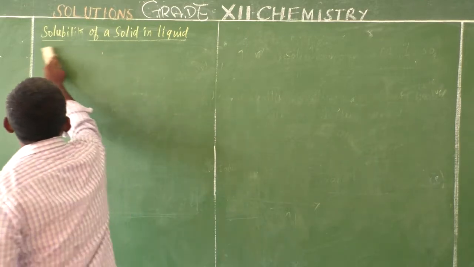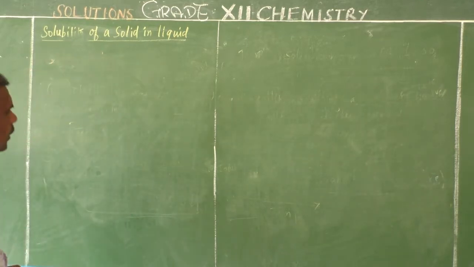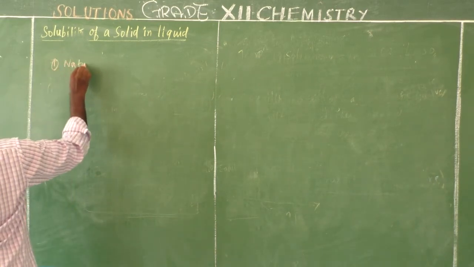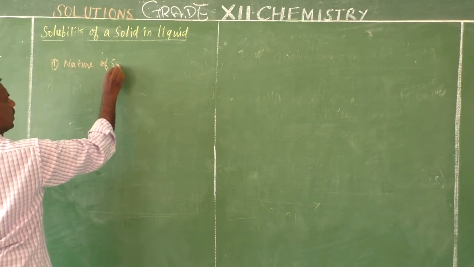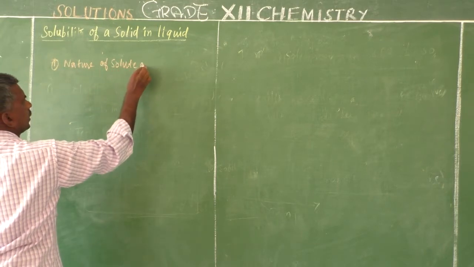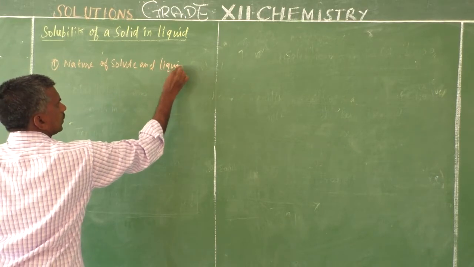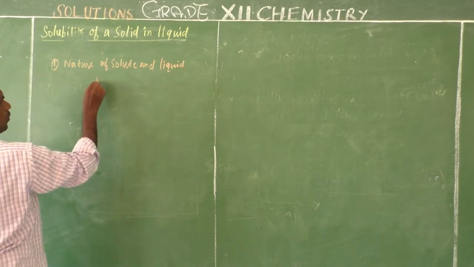The solubility of solid in liquid is affected by the first factor, nature of solute and liquid, that is the solvent.